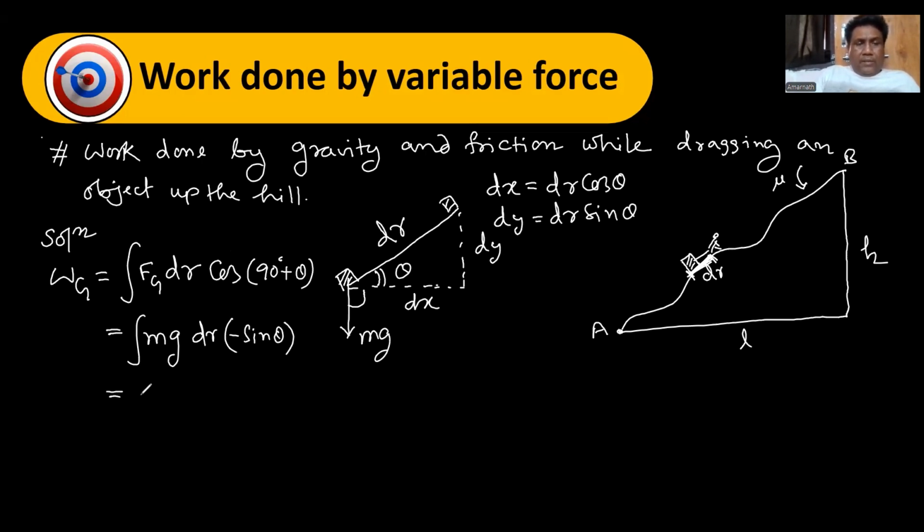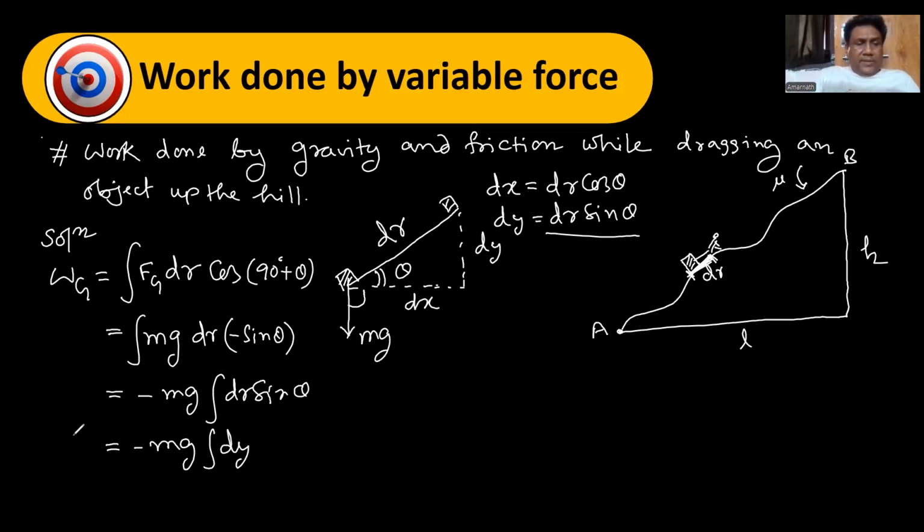If you take the minus sign out, and mg is constant so it is also out, it becomes dr sin theta, which is nothing but dy. So it is minus mg times the integration of dy.